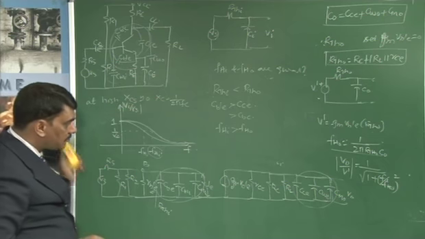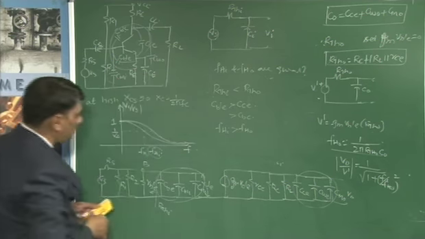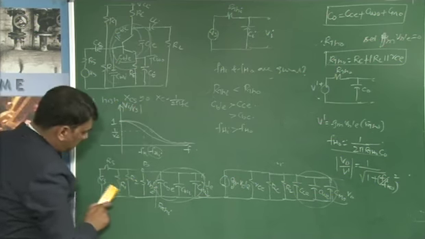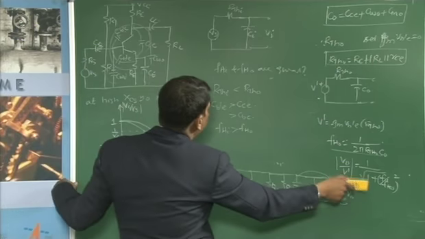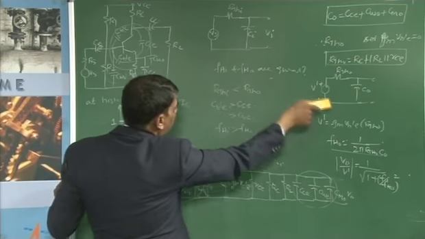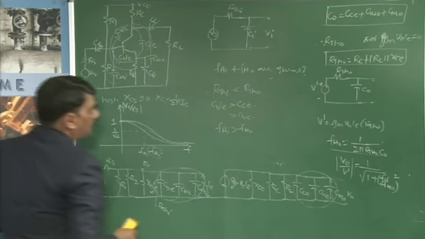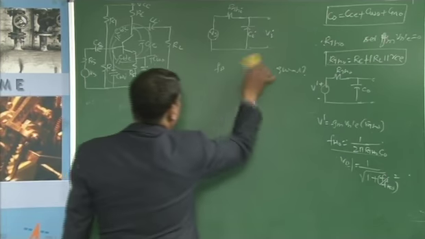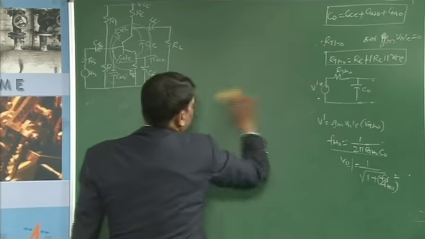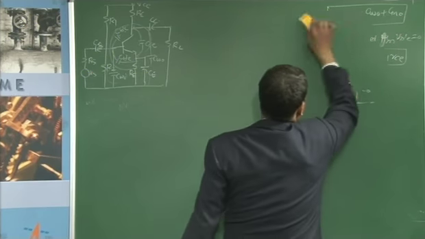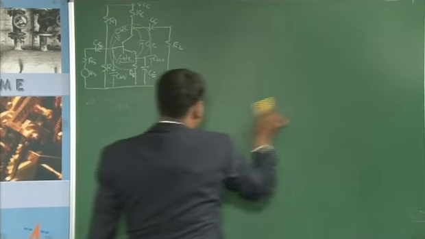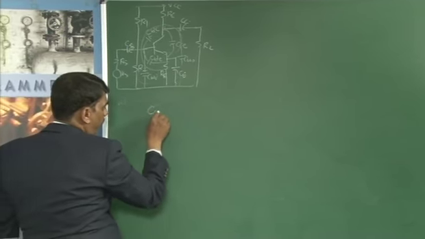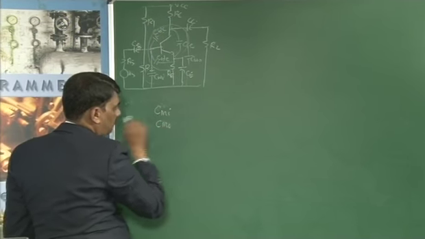We derived an expression for the frequency response of an amplifier, and then we found that the upper cutoff frequency is due to the input circuit and the output circuit, given by this expression. Now, we defined C_MI and C_M0.